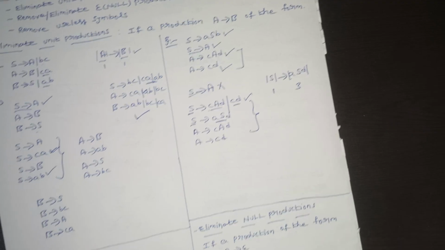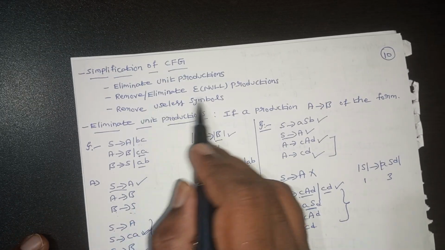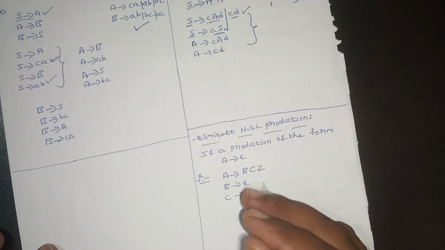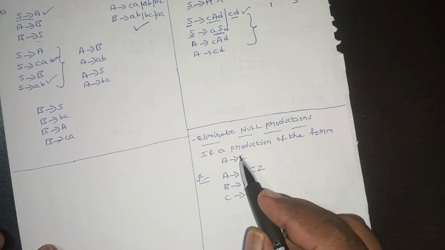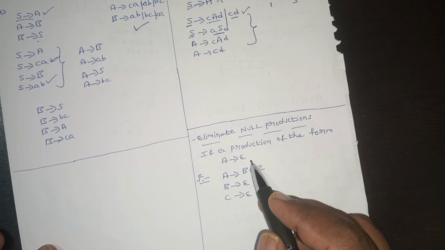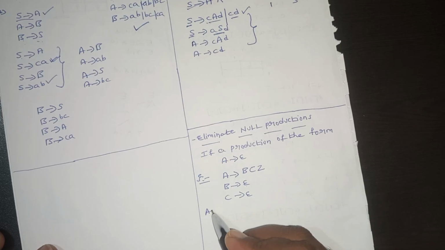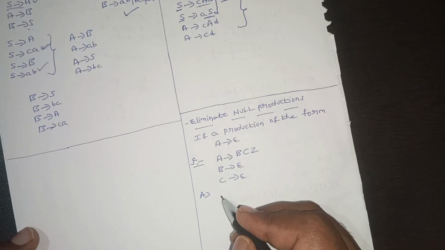Now next one, the second: eliminating the null productions. It means in a grammar, if I have rules of the form A tends to epsilon, then we have to remove this. Very simple. How to remove? Simply you replace there. Write the answer.